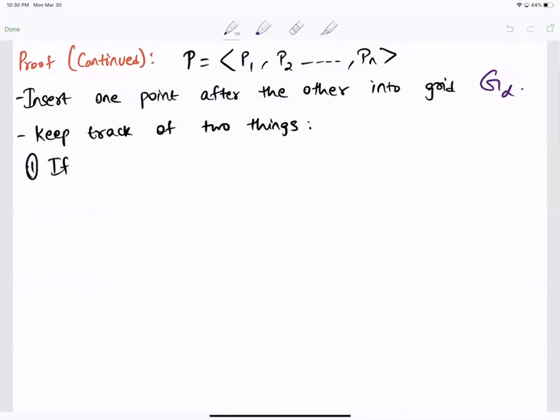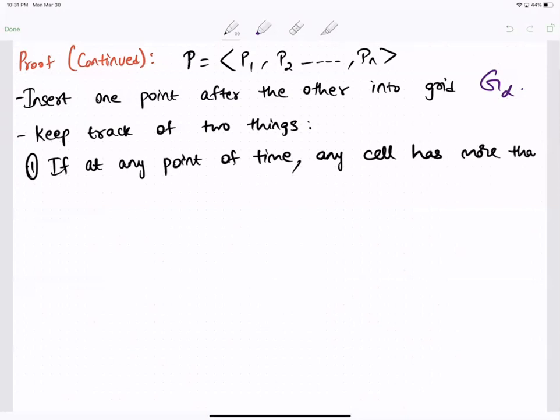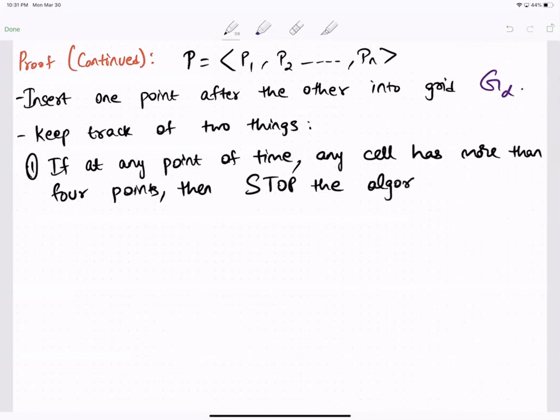If at any point of time any cell has more than 4 points, then actually we are done. Then stop the algorithm and report that CP of P is less than alpha.